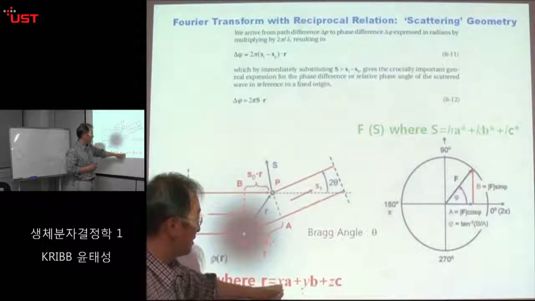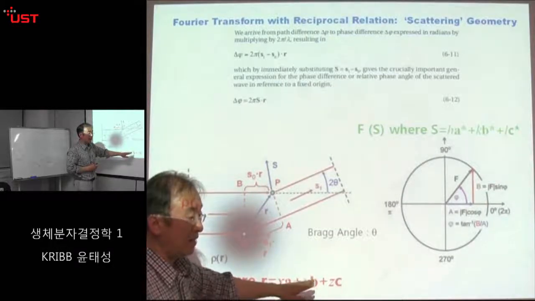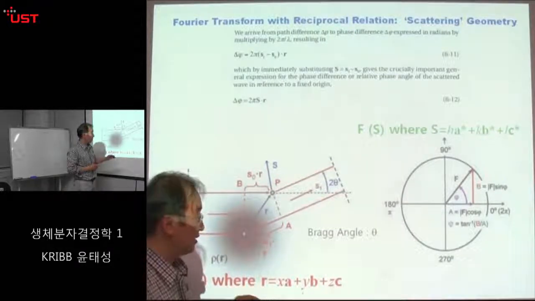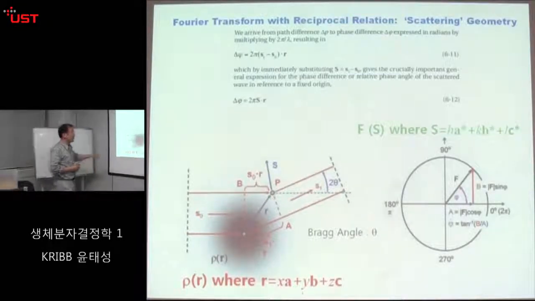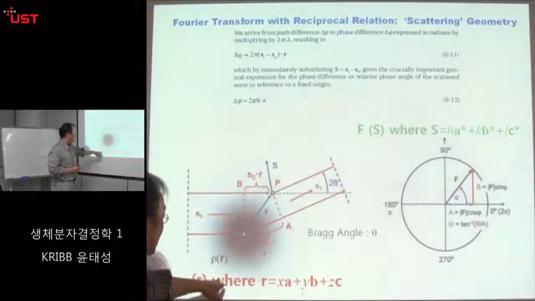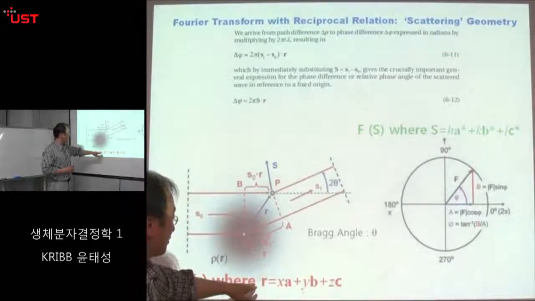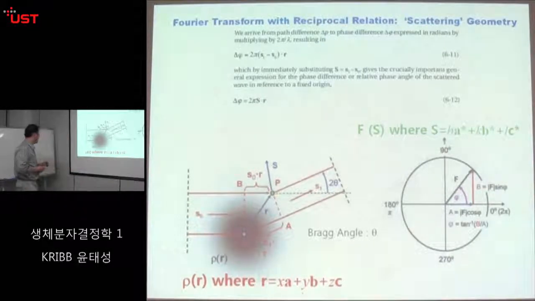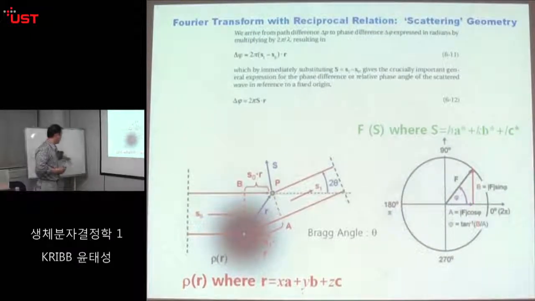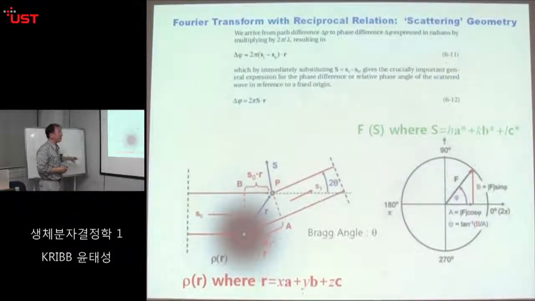So these XYZ are not integral, unlike the HKL part here. But still, rho R or rho electron density XYZ can be described in terms of this kind of translation, but they are only valid for a crystalline sample.